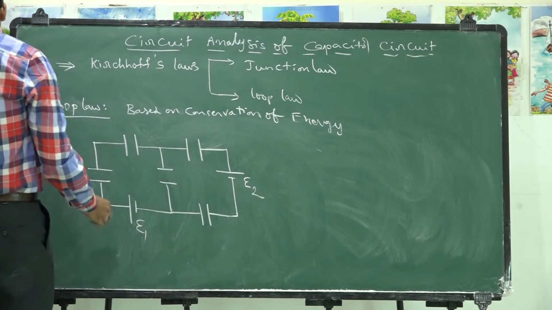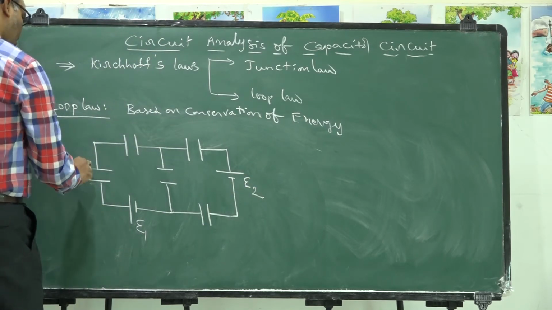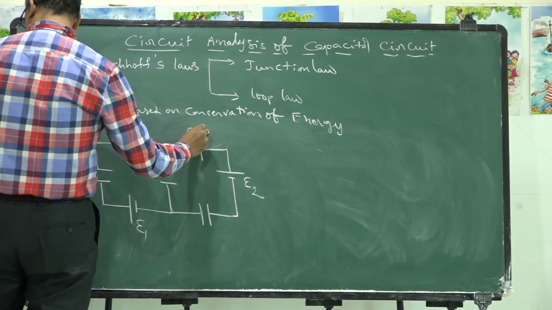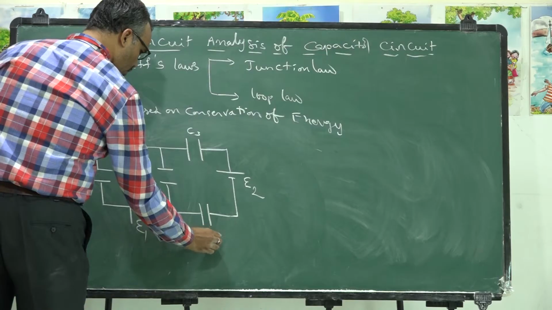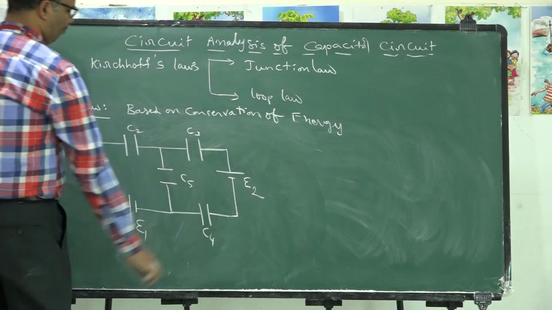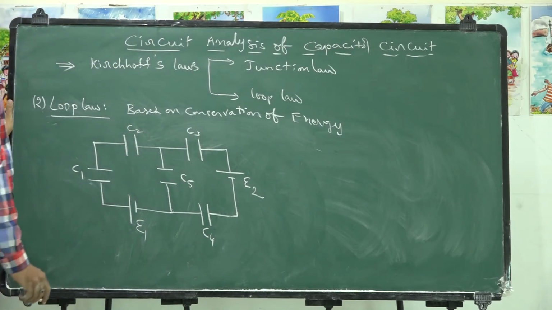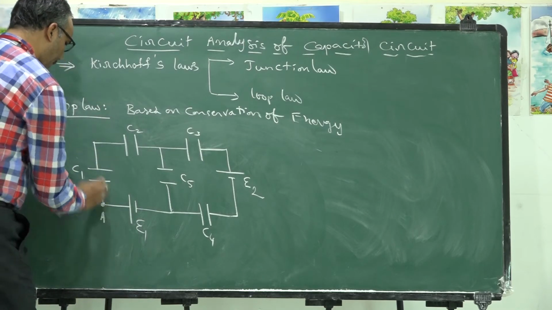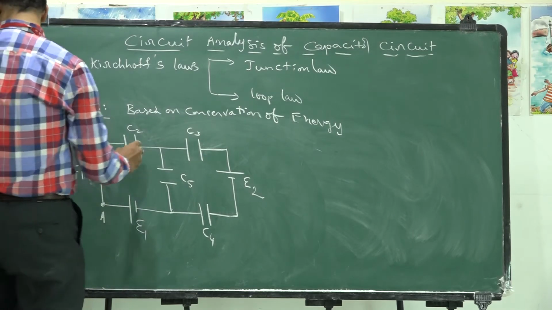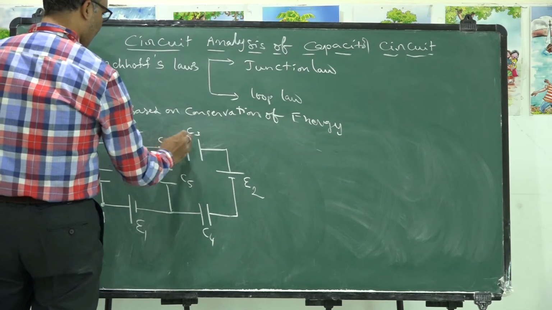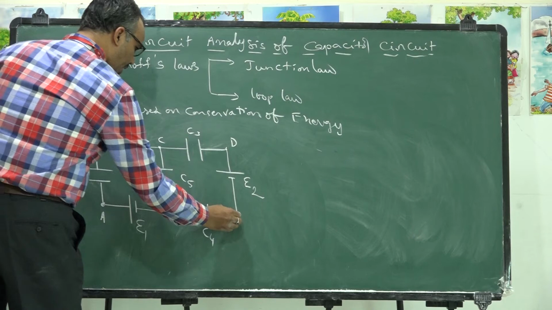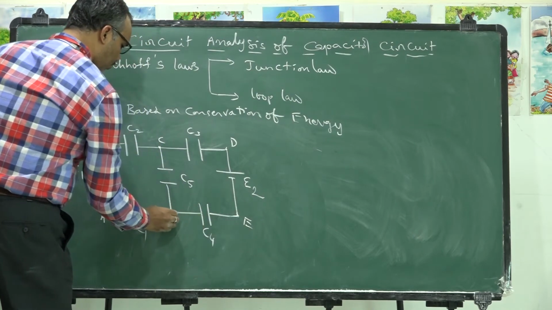There are 5 capacitors here, C1, C2, C3, C4, C5. This is a circuit. In this circuit, let me name these points as A, B, C, D, E, F.